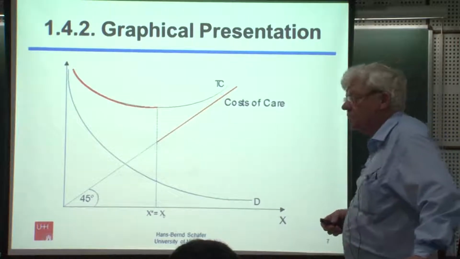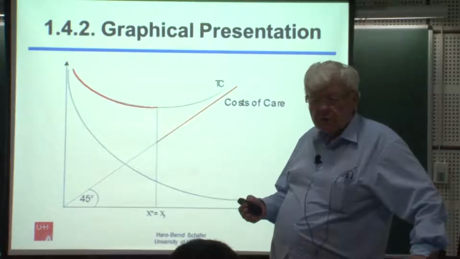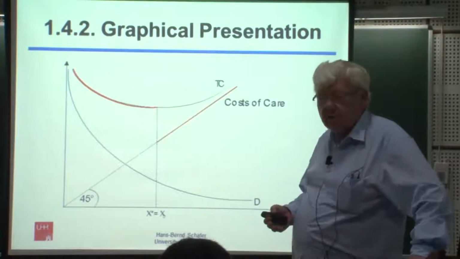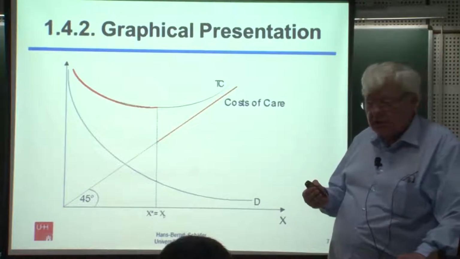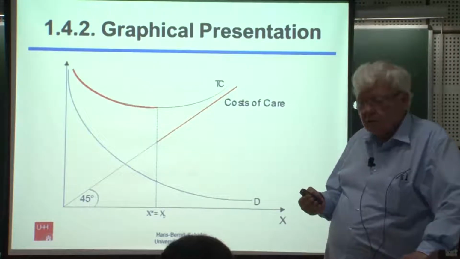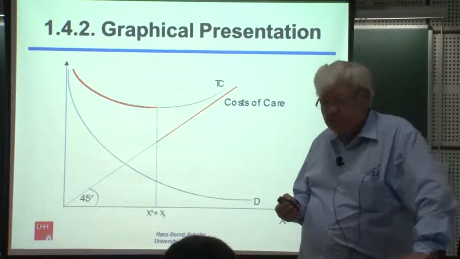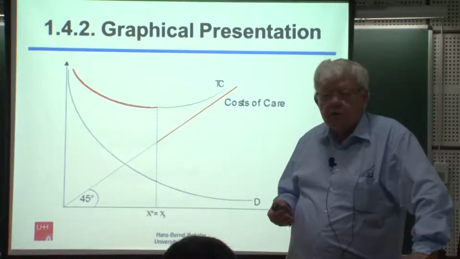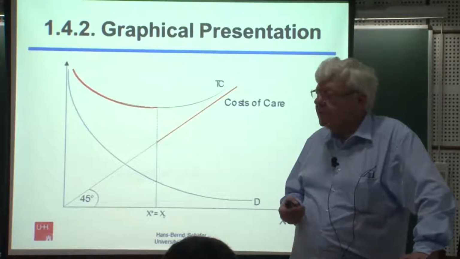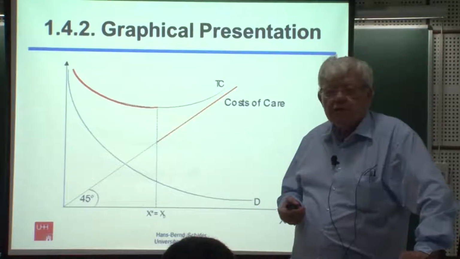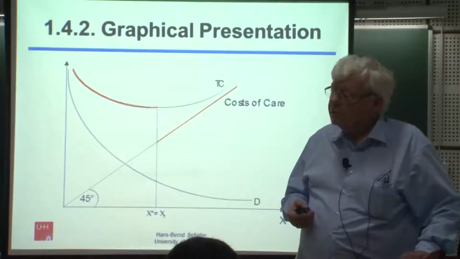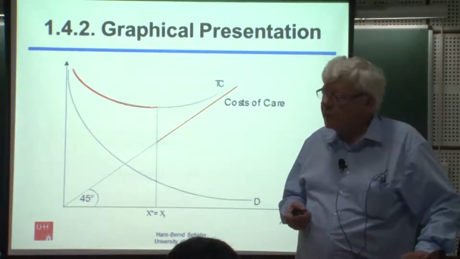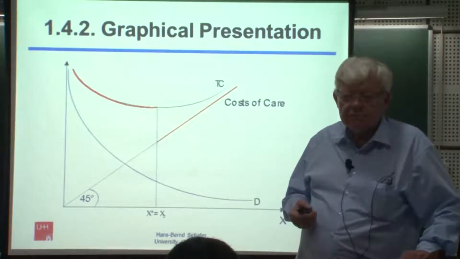So this leads us to an important research result, namely that if the courts fix a due level of care which is equal to the efficient level of care, then negligence leads the tortfeasor to reach the efficient level of care and the due level of care.